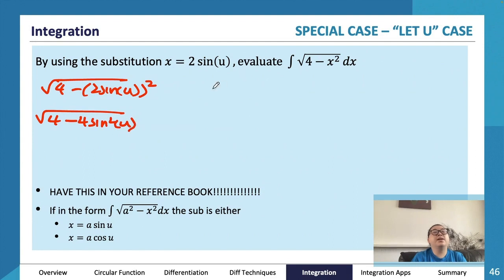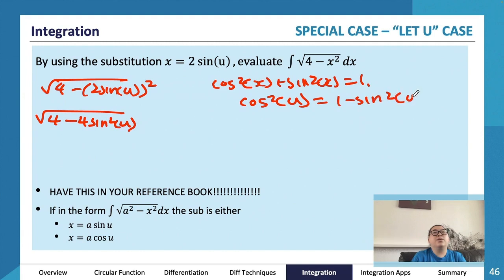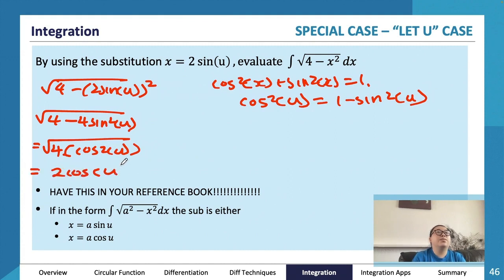And this will look familiar to you because remember cos squared x plus sine squared x equals 1. So if we rearrange that and put a u in, we'll know that cos squared u equals 1 minus sine squared u, right? And we can just take out the 4 at the front there. So we're just going to get root 4 cos squared u here, which means we're just going to get 2 cos u.